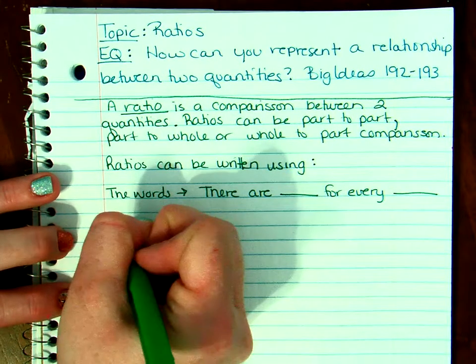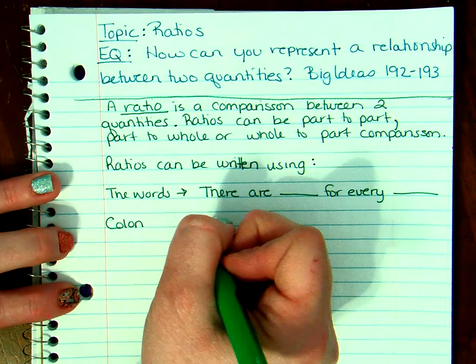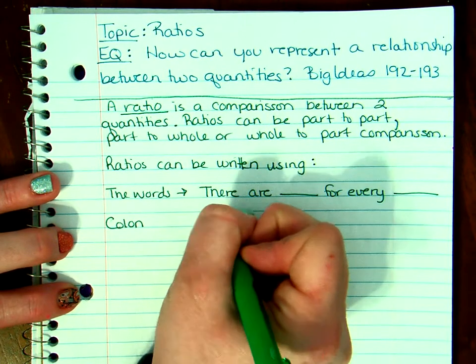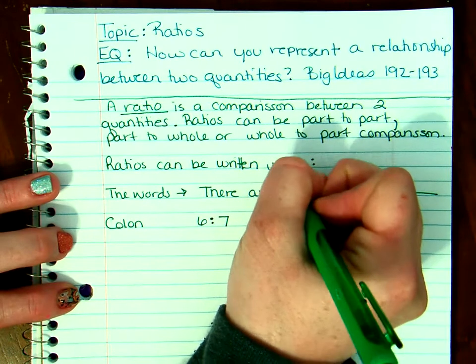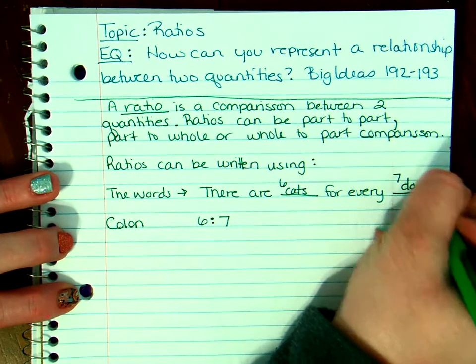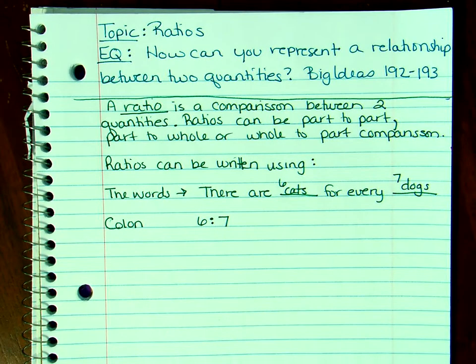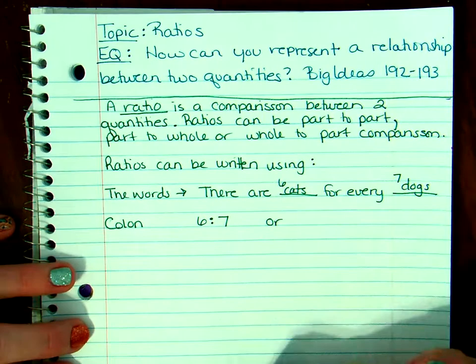You can use a colon. So you could do like 6:7. And so for here it'd be like 6 cats for every 7 dogs. You fill in those blanks. Using the colon, you just put the colon in between. Or you can use the word to.